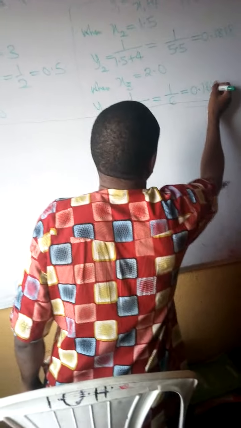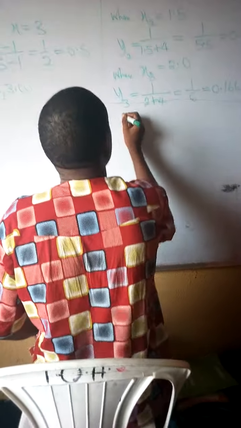When x equals 2.0, y3 will be 1 over 2 plus 4. And that's 1 over 6. And 1 over 6 is 0.1667.